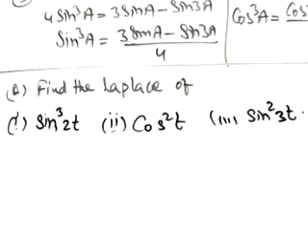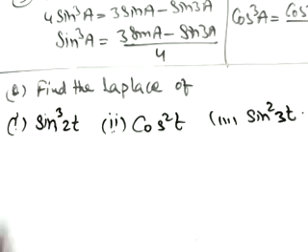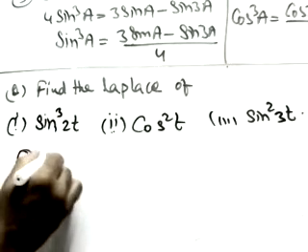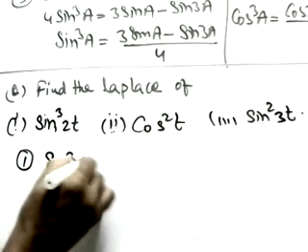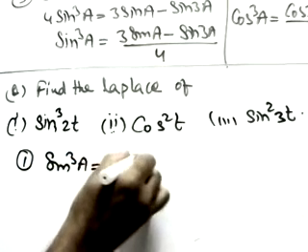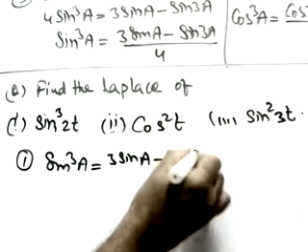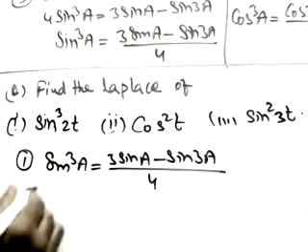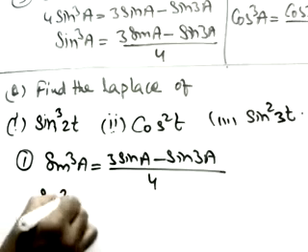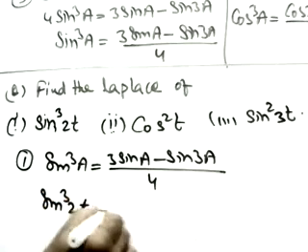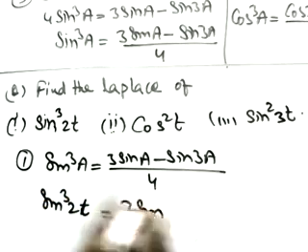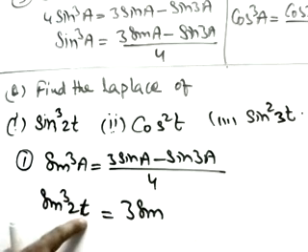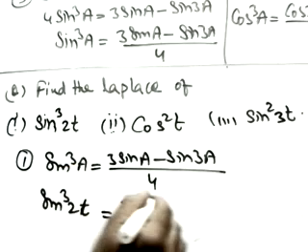Now you see here, I wrote a few questions. Let me start with sin cube. Just now we have derived the formula of sin cube a: 3 sin a minus sin 3a divided by 4. In the same way, we can find the value of sin cube 2t.